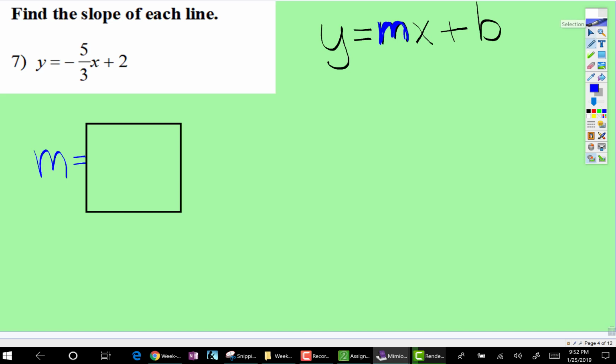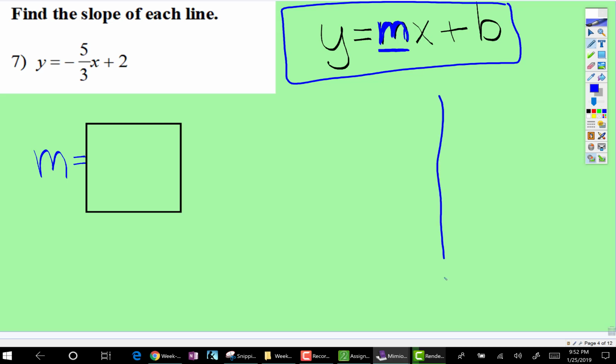Now, if we don't have the 2 points and we don't have a graph, oftentimes it might be in a formula. And in this formula, notice how the M is here? That B right there represents where a line touches the y-axis.